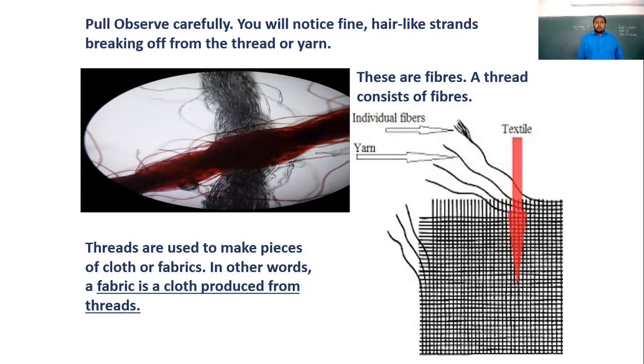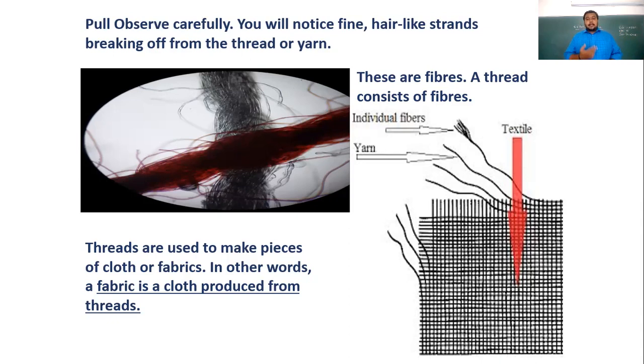See how threads are interlaced between each other. Multiple threads are interlaced with each other, and by interlacing them they form the fabrics. First, we get threads or yarns from the fibers. Different fibers are there, and we are going to see the types now.